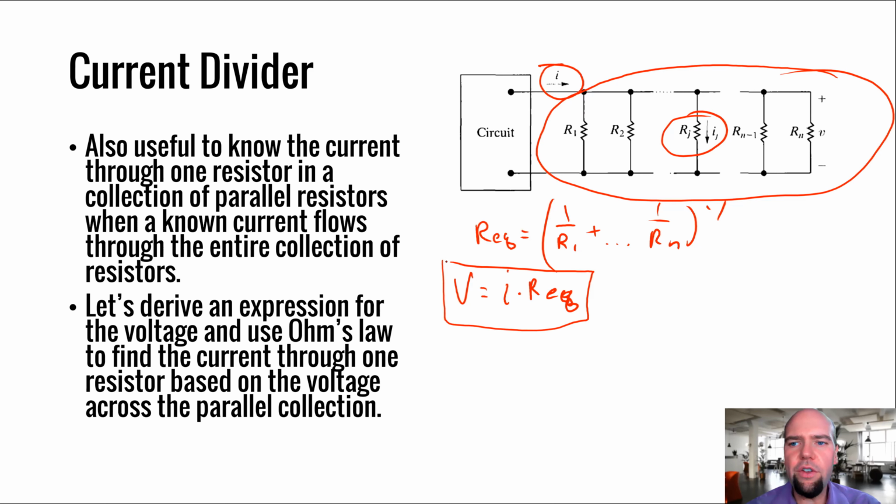So the current IJ through the jth resistor is going to be the voltage across that resistor, which is going to be I times this equivalent resistance, divided by the resistance of that resistor RJ.